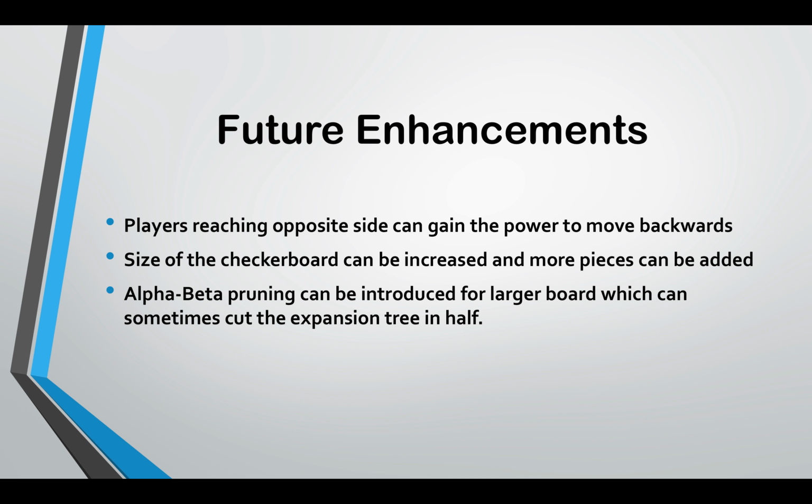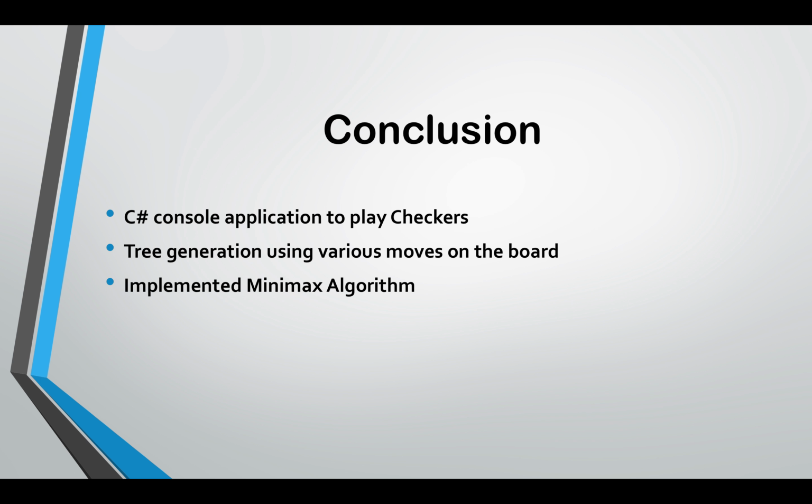We can increase the size of the board, have more pieces and more spots, and when we increase the size of the checkerboard, we can also apply alpha beta pruning, which is an enhancement of the Minimax algorithm that cuts off the tree for values which may never be selected for exploration. So it can also be done for larger boards. These are some future enhancements for our project.